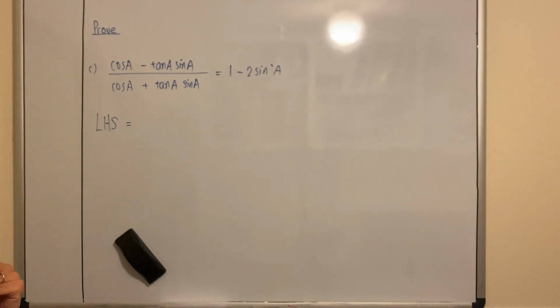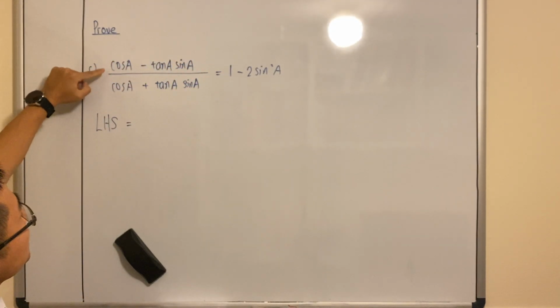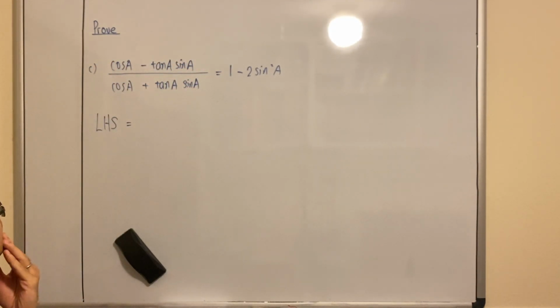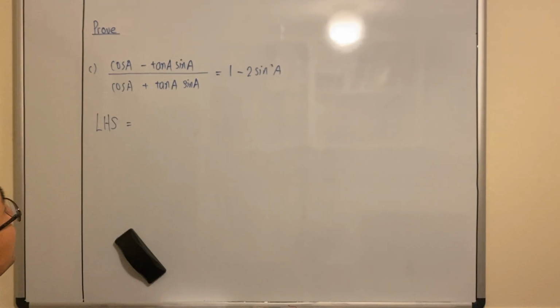Now if you look at the right hand side, you've got sine only. There is no cosine, there is no tangent. What do we do with that? So it looks like what we need to do is try our best to remove the cosine and remove the tangent, so hopefully we have the sine left.